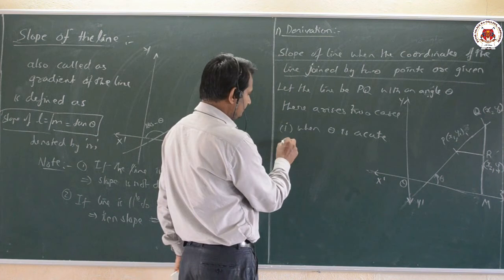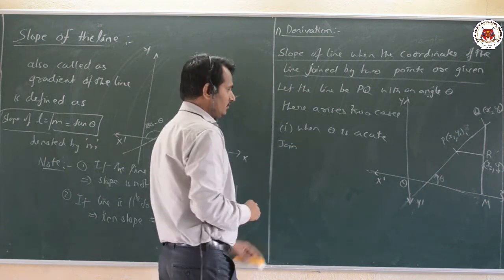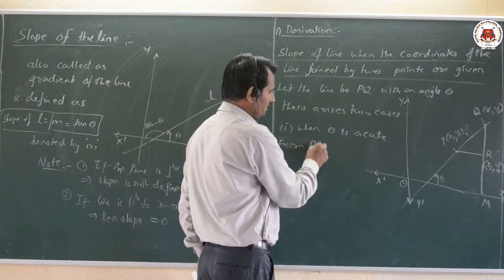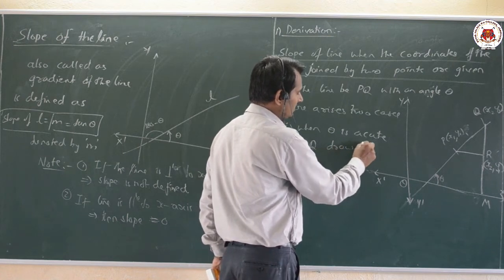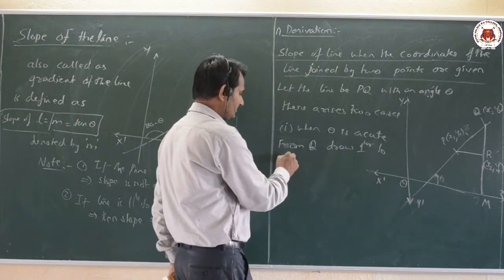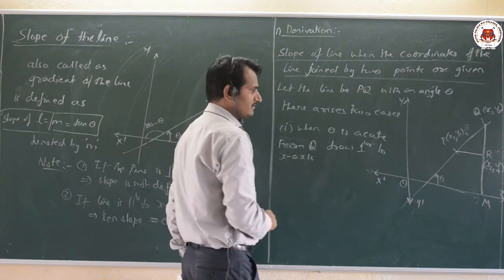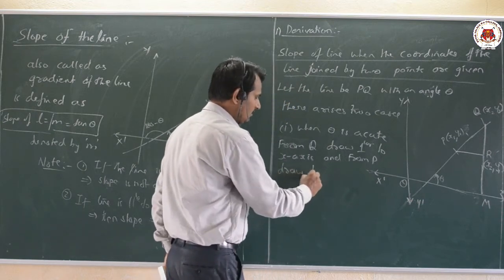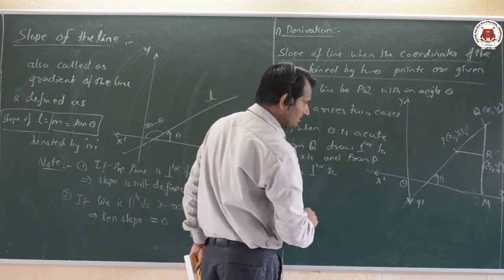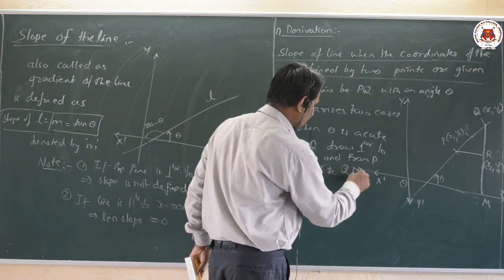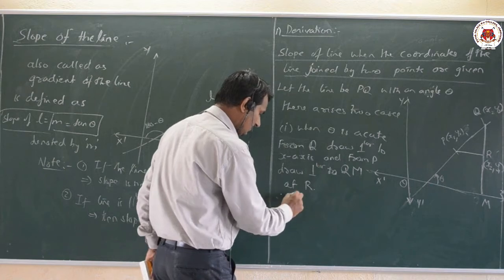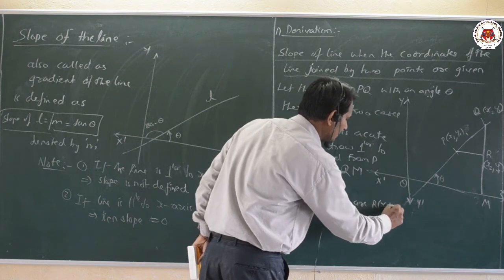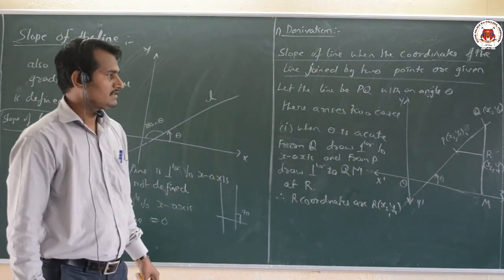Now what I will do is, from the line PQ, from Q draw a perpendicular to the x axis, and from P draw a perpendicular to QM at R. Therefore, the R coordinates are x2 and y1. Now this is all about the first part.